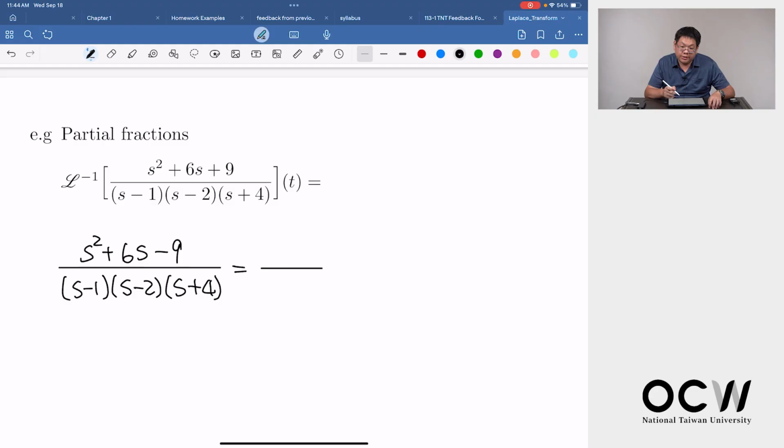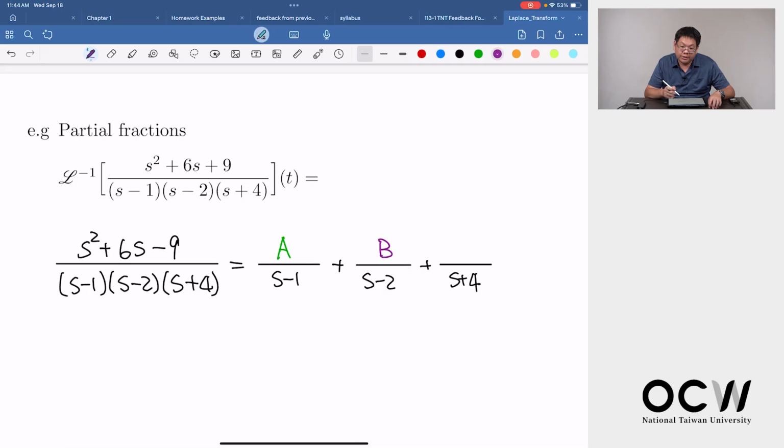Here I have s minus 1 and s minus 2 and s minus 4, s plus 4. Factor decomposition. Then I have a, coefficient b, the constant c.